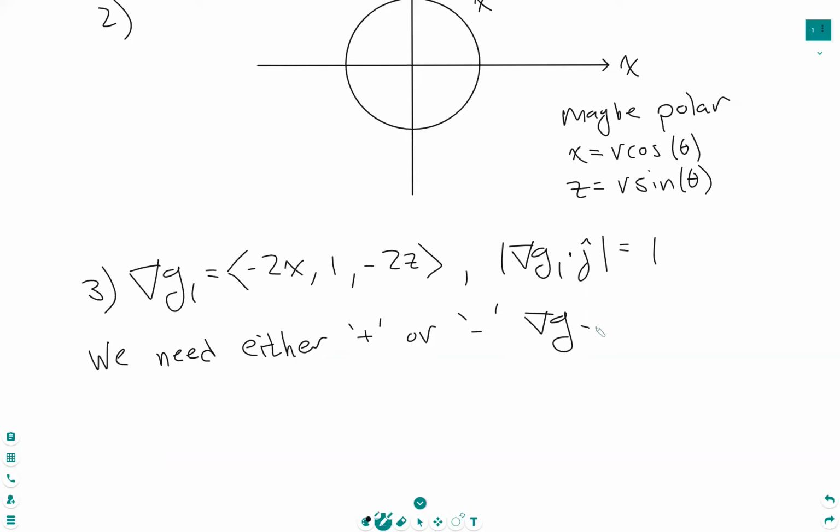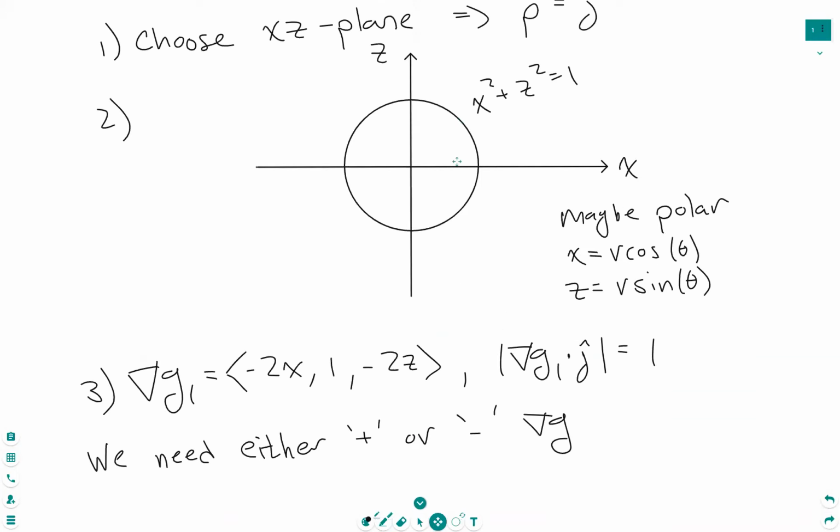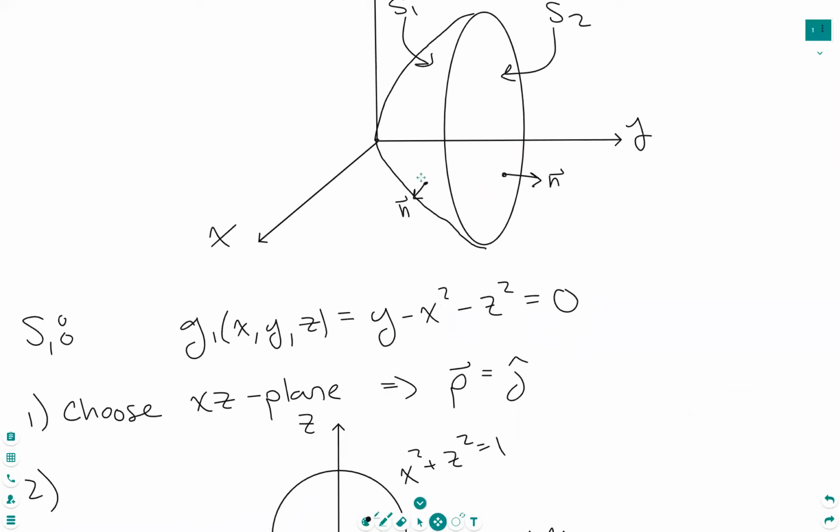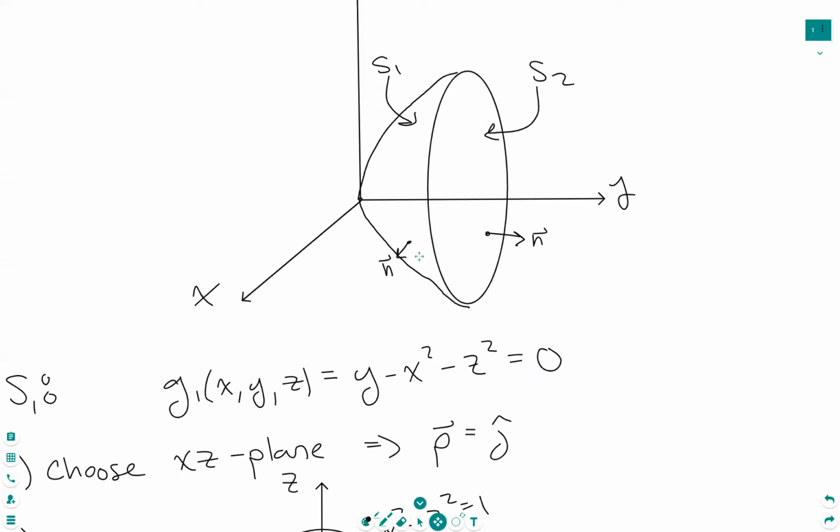Which one is it going to be? So remember, this is detailing what our normal looks like, right? Where is our normal pointed? If our normal, remember back from our little plot up here, is pointed outside of this, then any vector pointed on the outside is always going to have a negative y component, because this paraboloid never gets completely parallel with the y-axis.